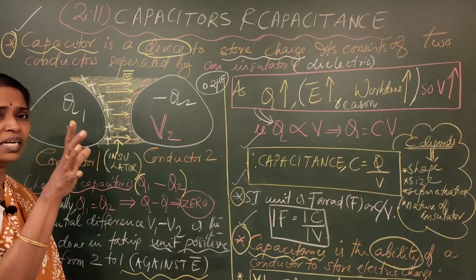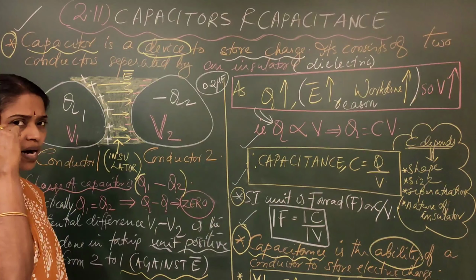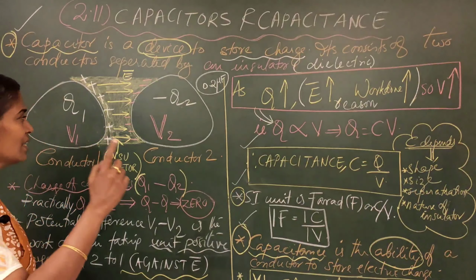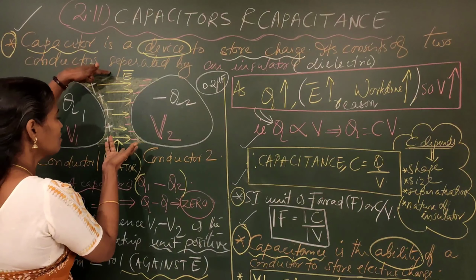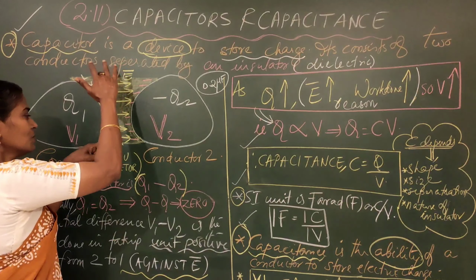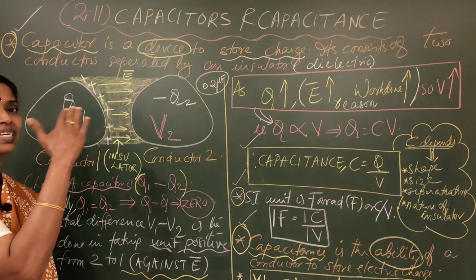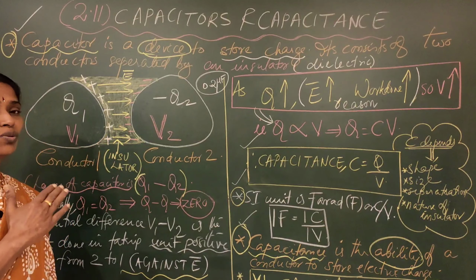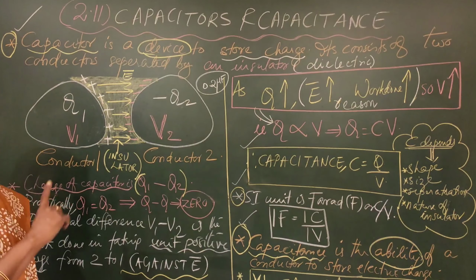So that is a very, very remarkable thing. So we have to think that there is a particular limit for the electric field. There is a limit for the electric field to withstand this. That is known as dielectric strength.